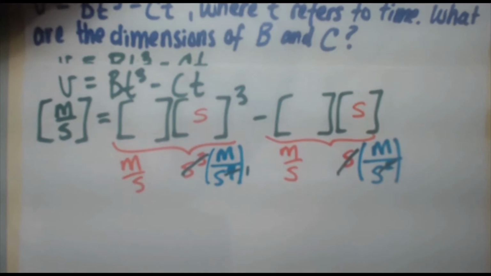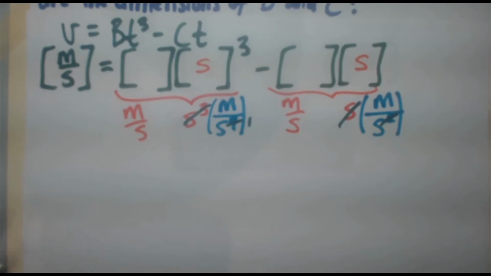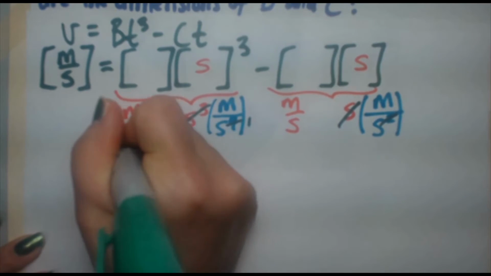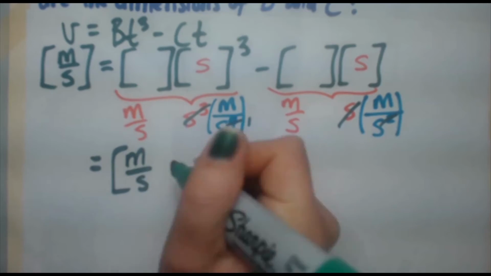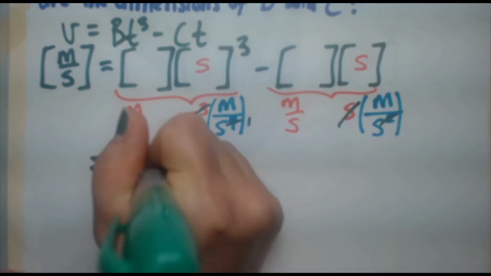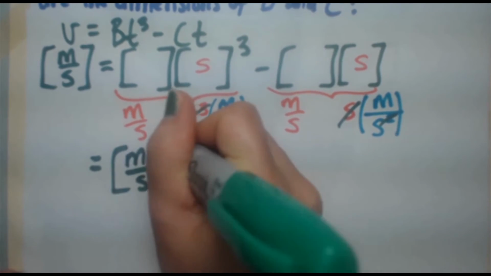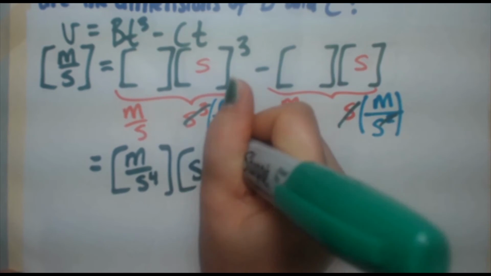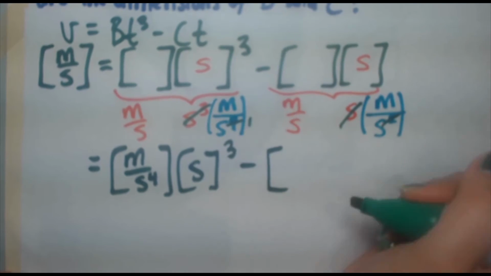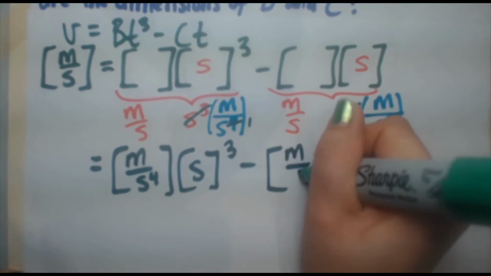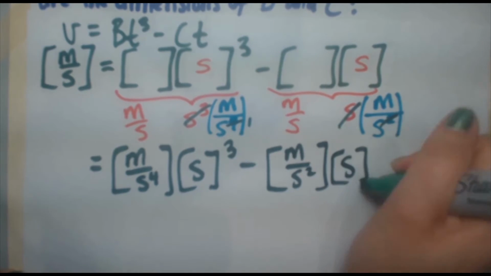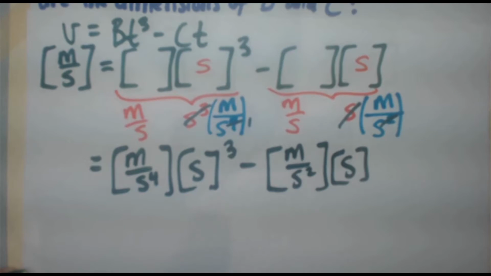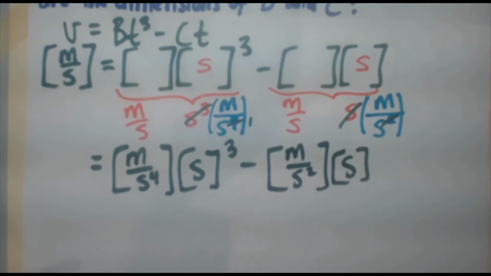Therefore, you can see, so b, if we put in meters per second, okay, to the 4, and then multiply that by s cubed minus meters per second squared multiplied by s, just like I showed in the previous step, everything works out, right?